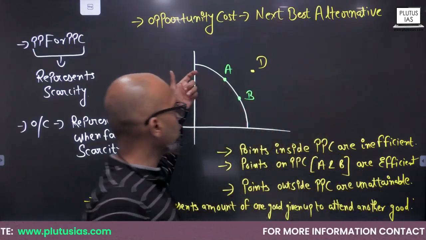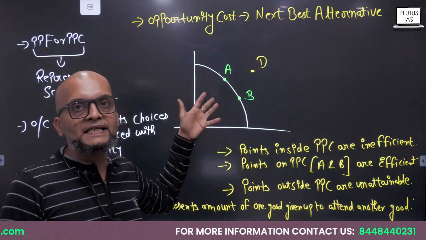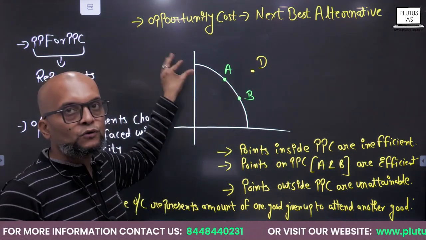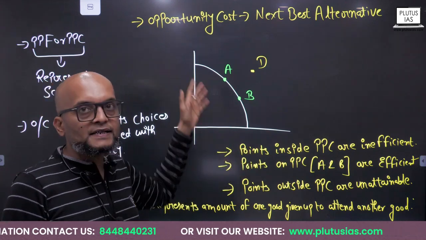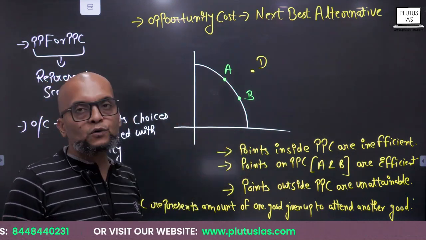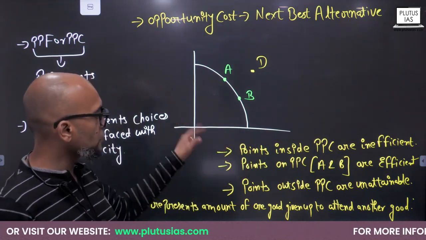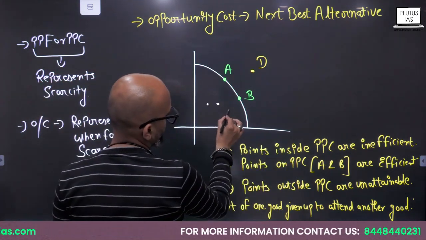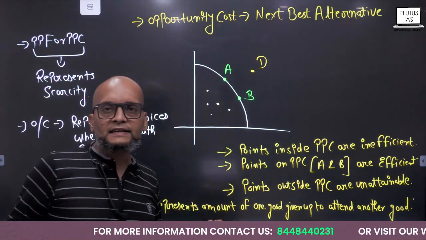So here I have shown a PPF or PPC, production possibility curve. Along the y-axis I am taking one good, let's say good X, along the x-axis I am taking good Y. Now see guys, if we take a few points inside this curve, what are they representing?